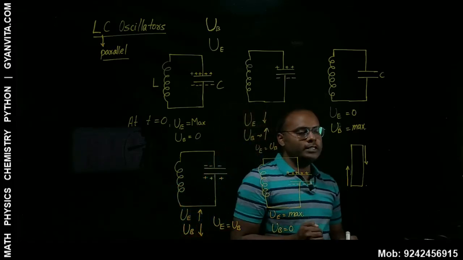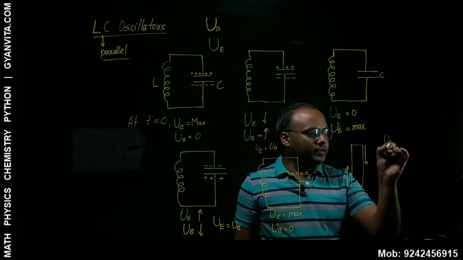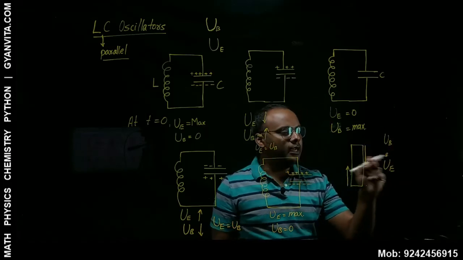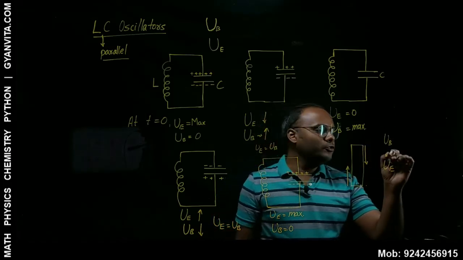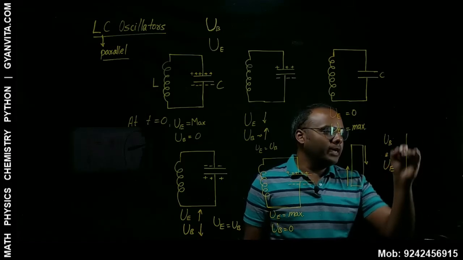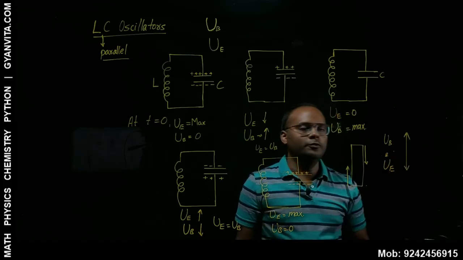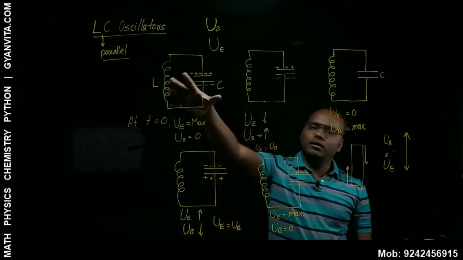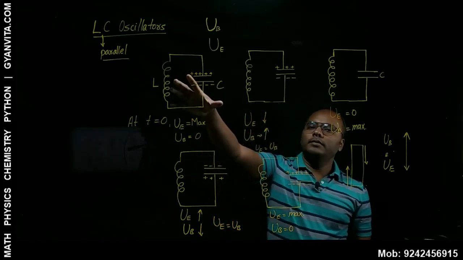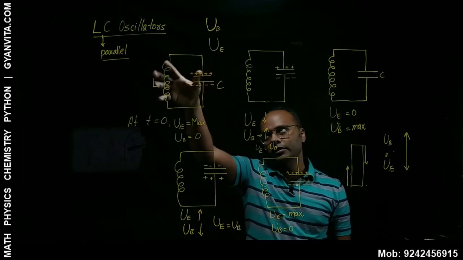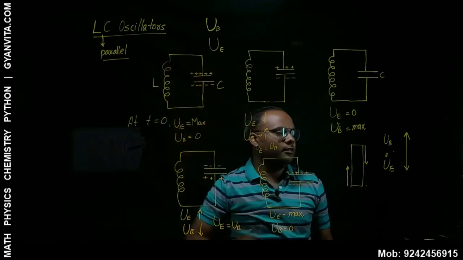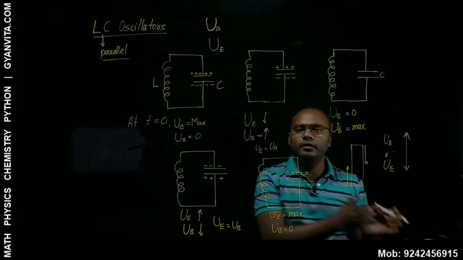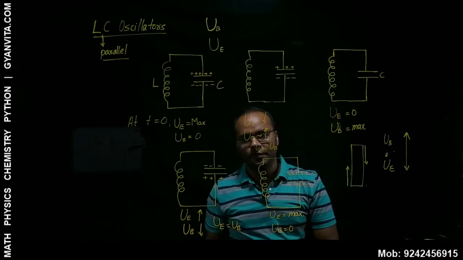You can say that the magnetic energy and electric energy both actually vibrate between the maximum and minimum values, but the total of these two always remains the same, because there is no external source of energy here. So whatever energy is here, the same energy is getting changed from magnetic to electrical, and from electrical to magnetic, right?